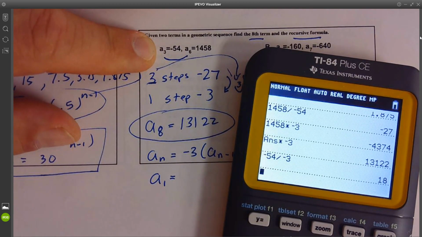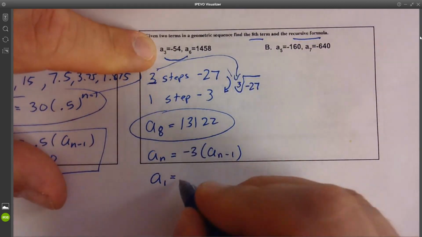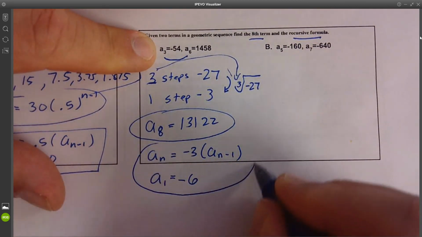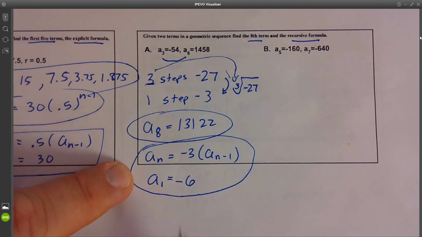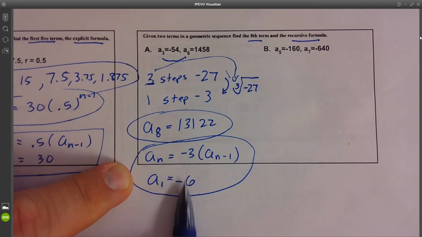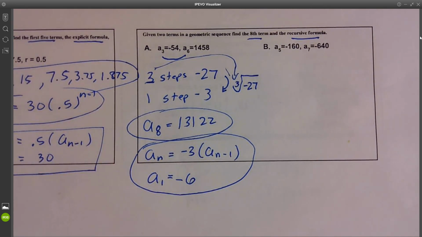That gets me to the second. Divide by negative 3, that gets me the first. So that's negative 6. Again, making sure we realize that for the recursive formula, we have to give 2 parts. And that's why that formula is so annoying to me.